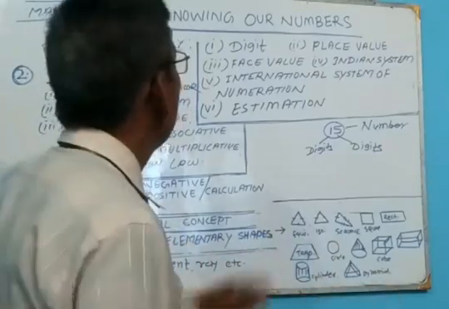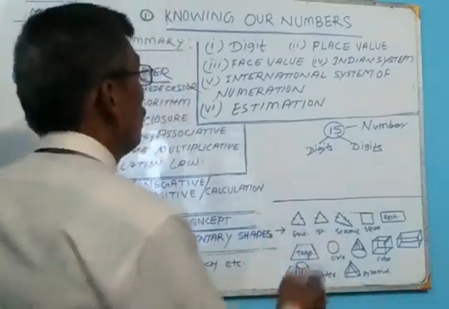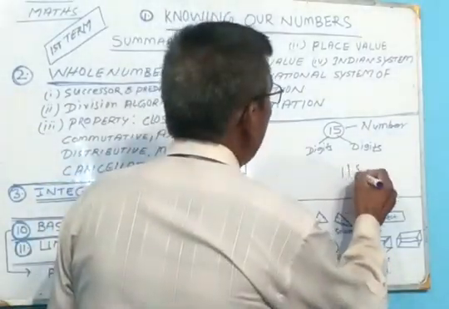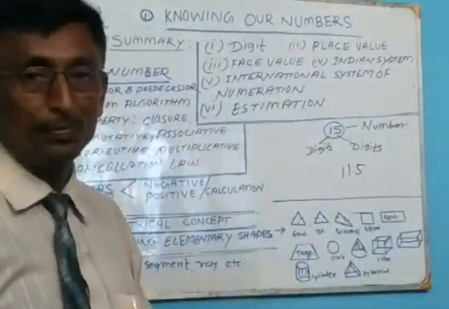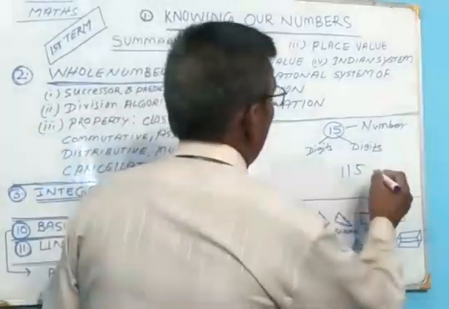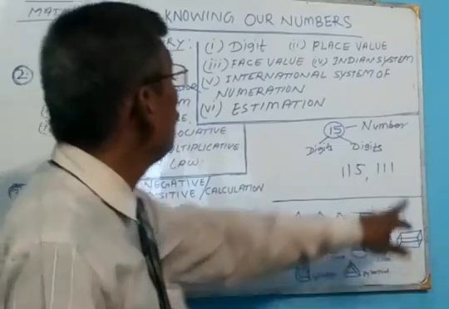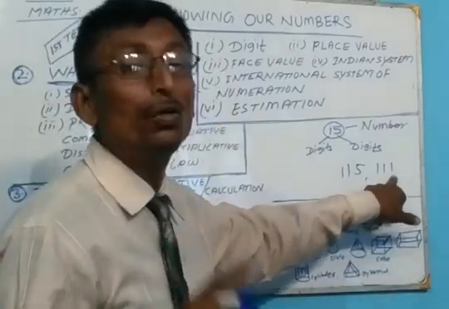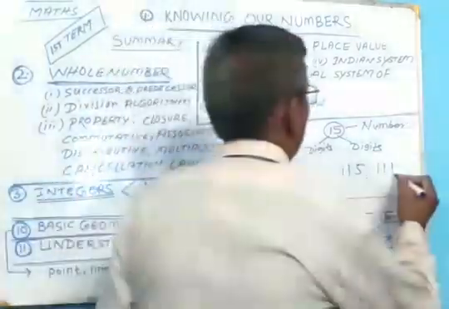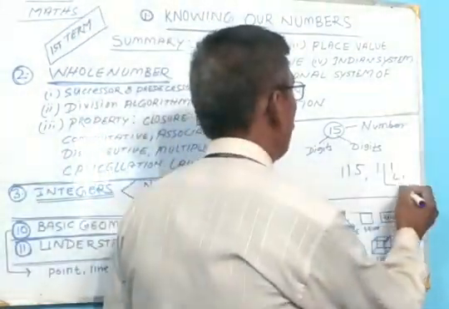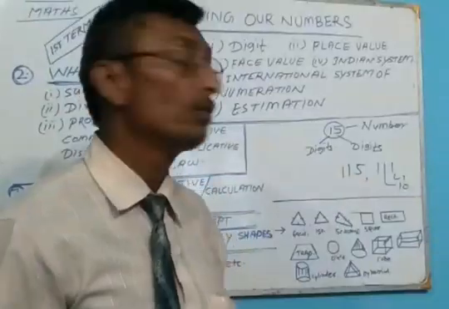Like this, suppose that you have the number 1, 1, 1. Here the place value of the first 1 is only 1. But the place value of the next 1 is 10.